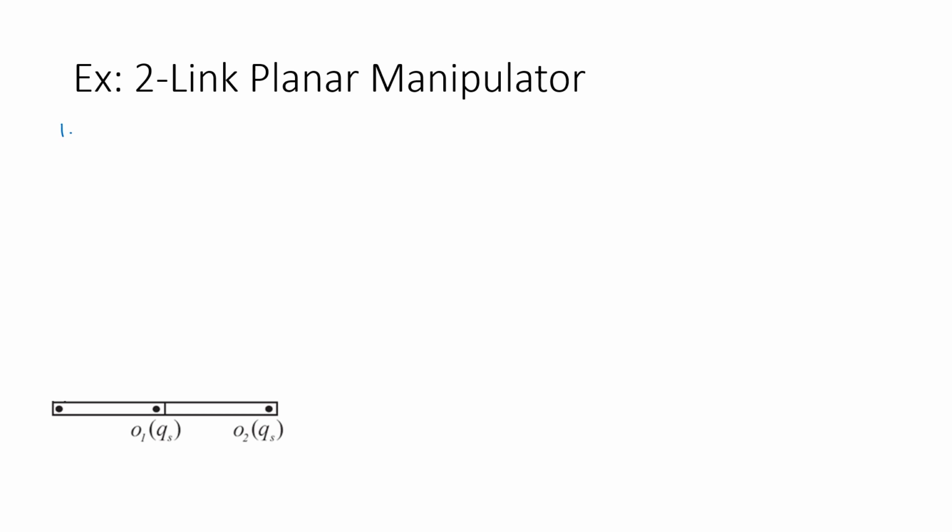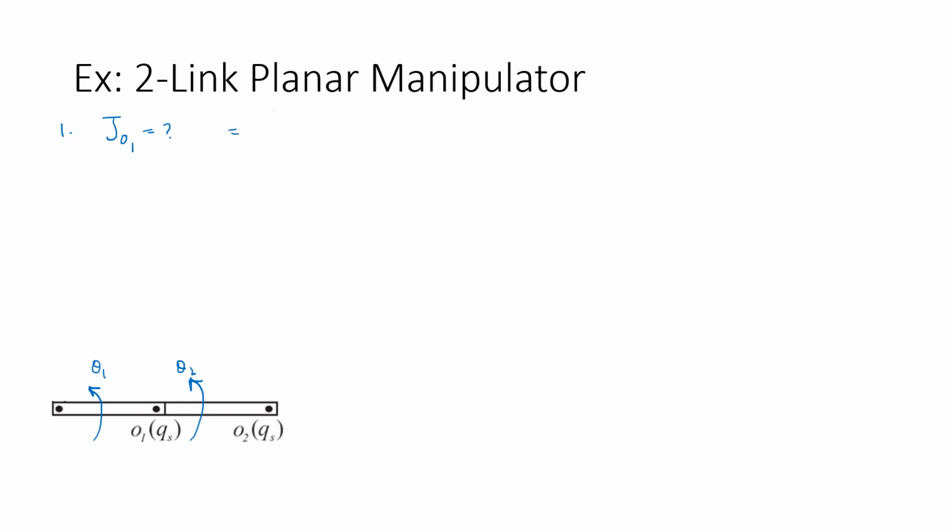So the first step will be to find out this Jacobian for O1. And you can see that this is just like the way it is structured. You have this as theta 1 and this as theta 2. So you can simply write that one down.